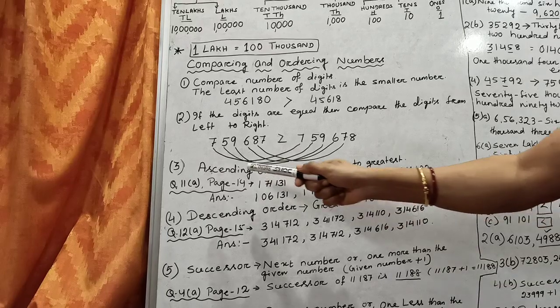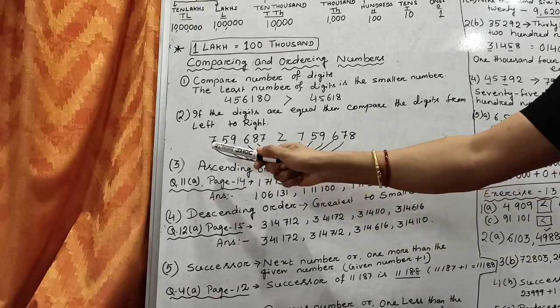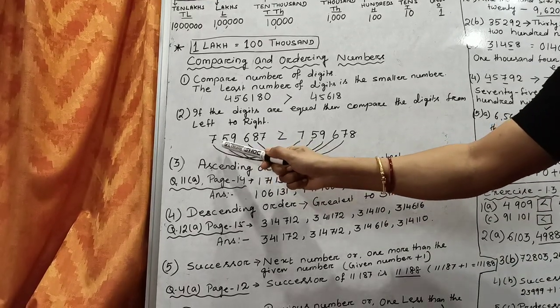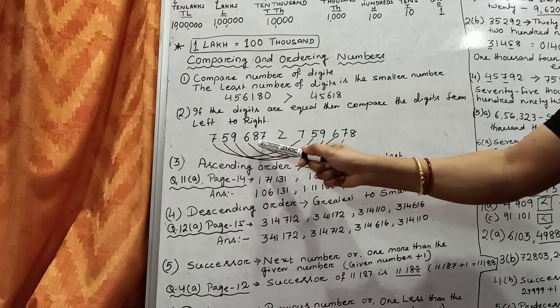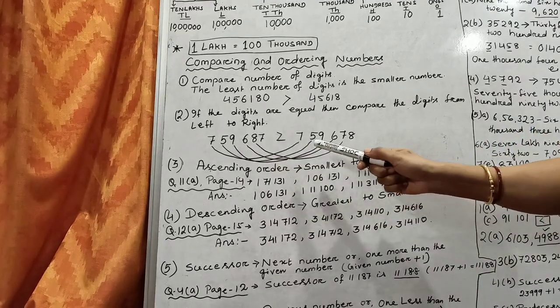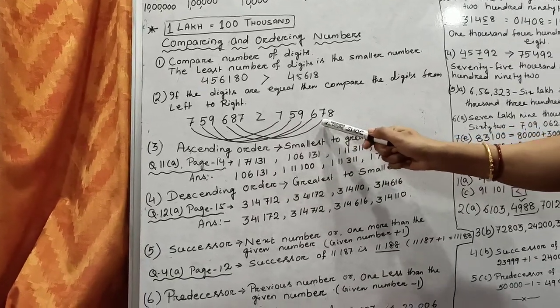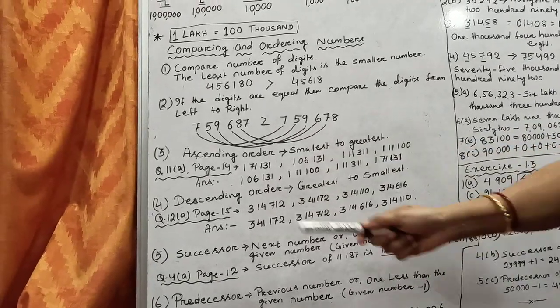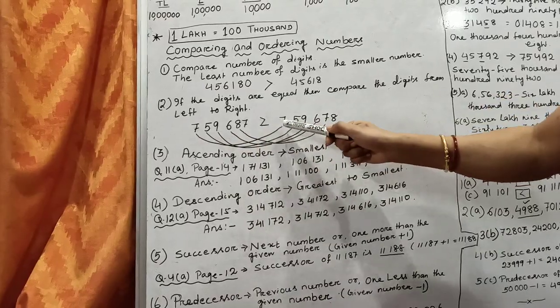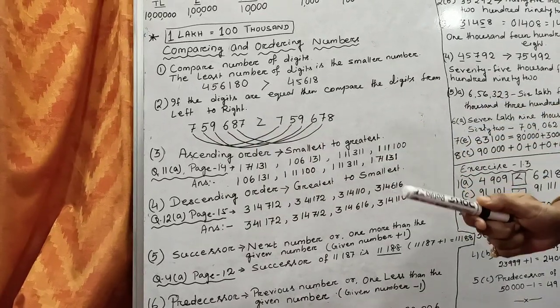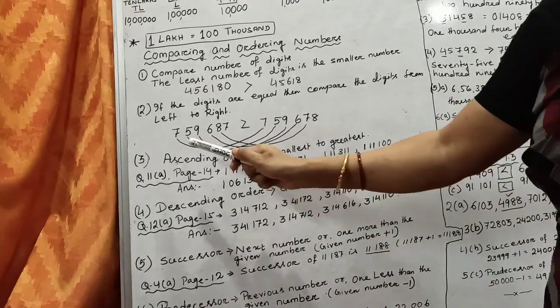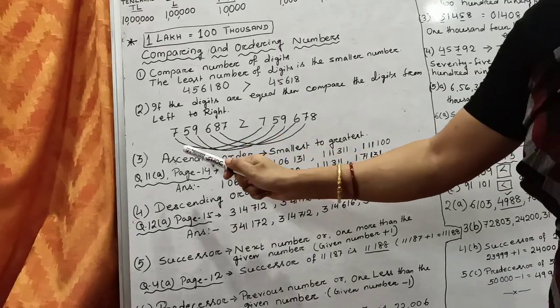Here also I have taken one example. This is 7,59,687, and another number I have taken is 7,59,678. In this case, both the numbers are formed by 6 digits. So here you first compare from left to right.